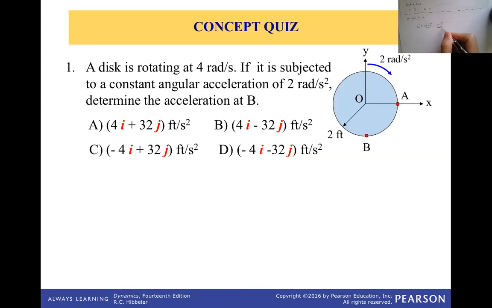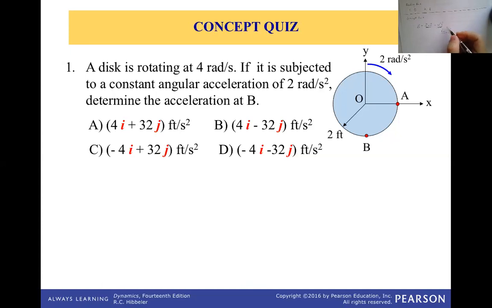In this case, if you look at this one here, this is easy because this one is just a vector r. Vector r at point B is pointing in the negative j direction. R is in the negative r times j direction. This is the magnitude, and this is the direction with the negative there.